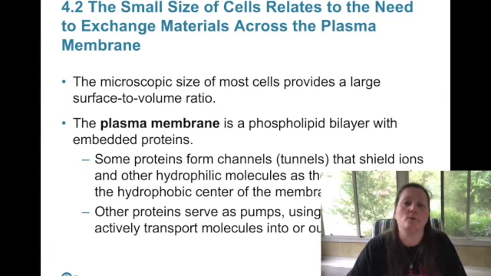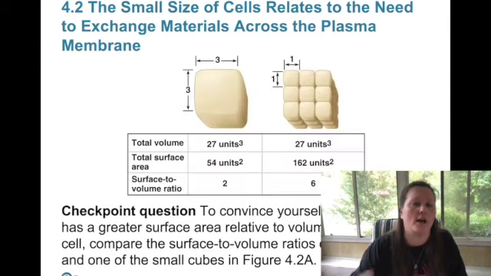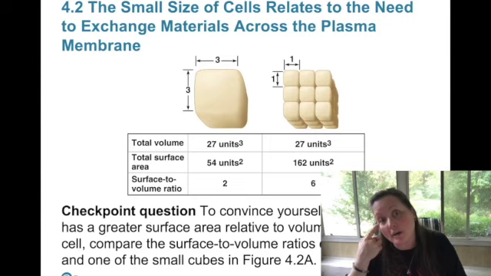Microscopic size of most cells provides a large surface to volume ratio, which is what I already said. And it's so funny, because as I was clicking, I was trying to remember whether we cover the fluid mosaic model in here, and if not, I need to make sure to talk about it.